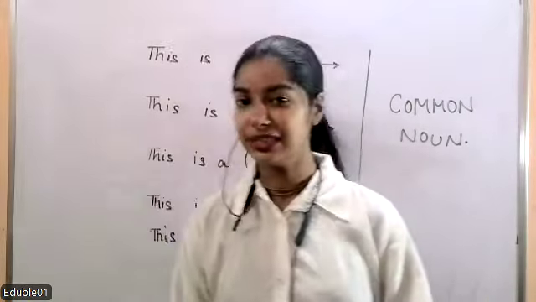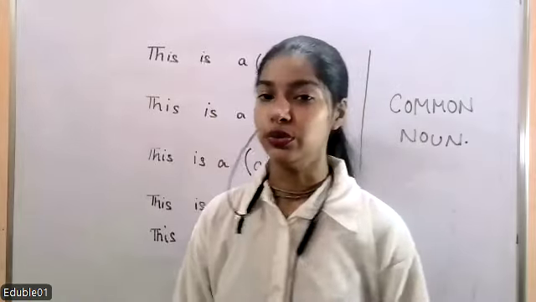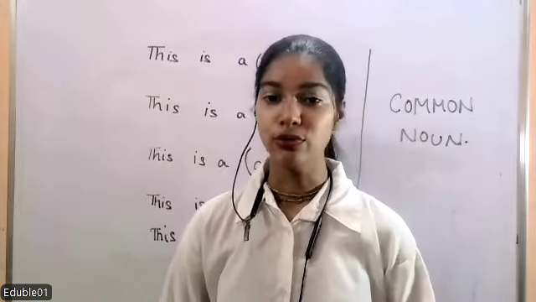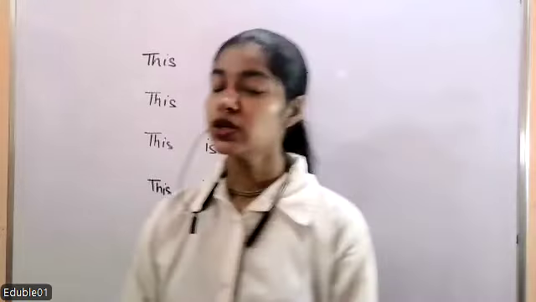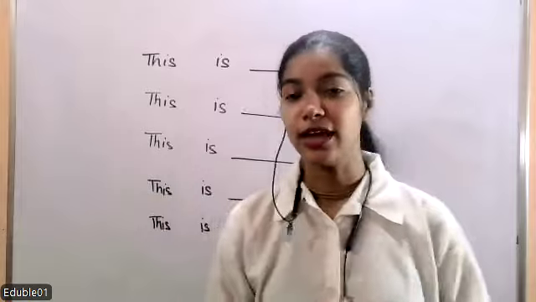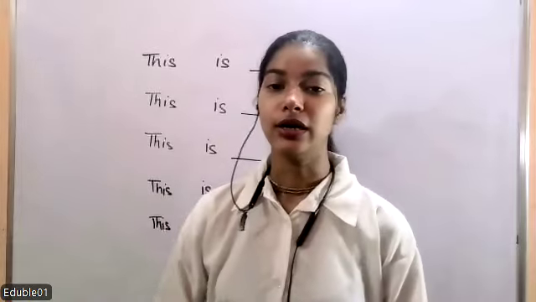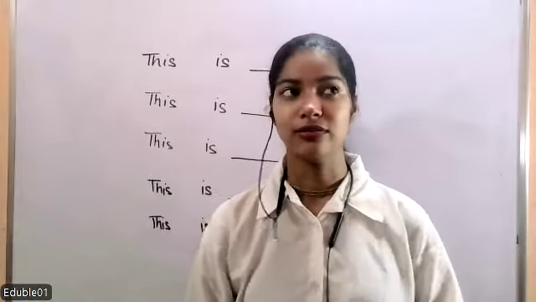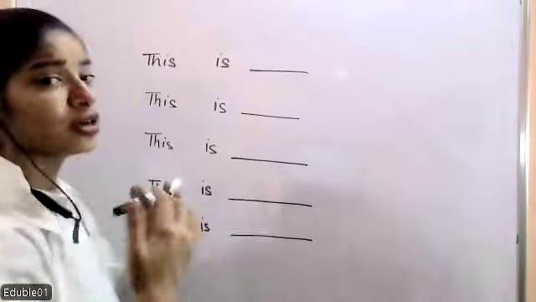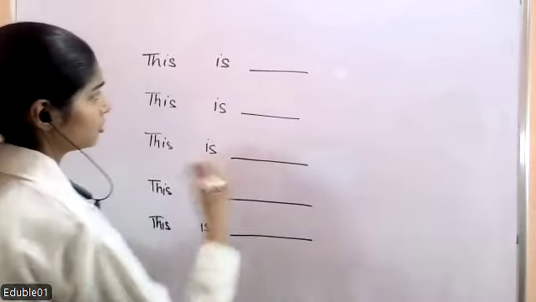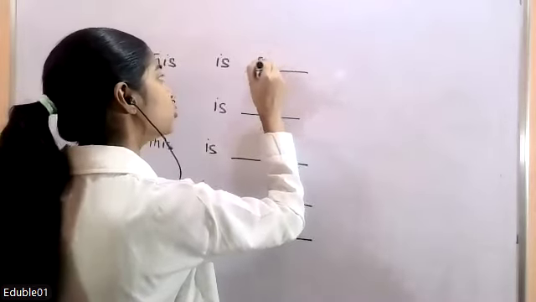On the basis of these examples, we are going to learn one more type of noun, that is the proper noun. So let's go and learn that. I'm taking the same examples we did in common nouns. This is a girl. Now instead of a girl, I write, this is Sheen.